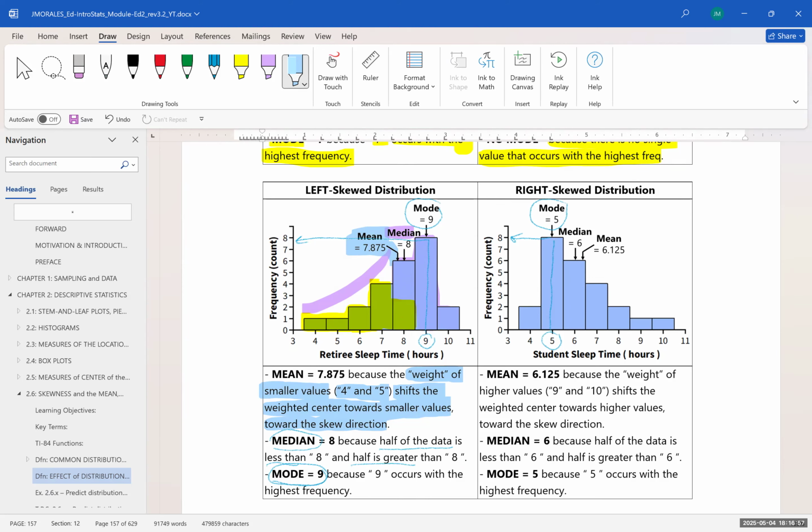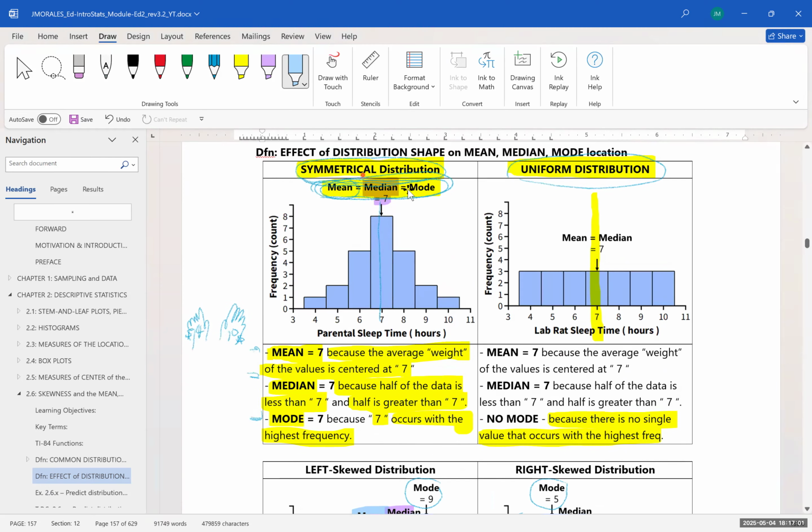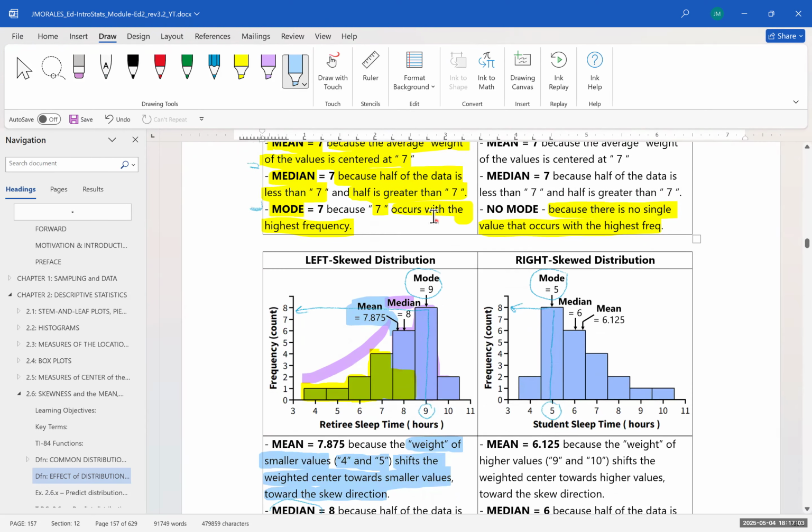So we went from a situation where the measures of center were all equal, but now the median gets pulled below the mode towards the direction of the skew, and the mean gets pulled even further away from the mode, pulled even further towards the tail of the skew, or in the direction of the skew.